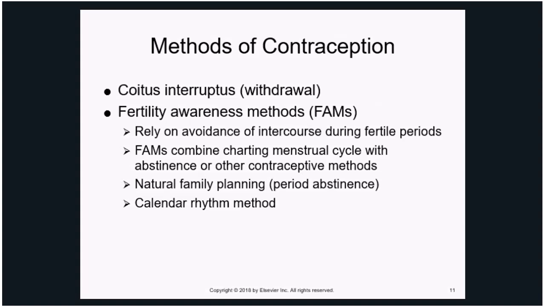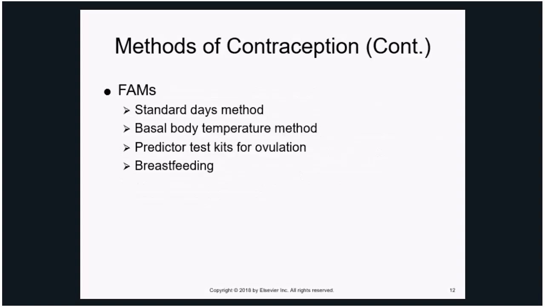Natural family planning is a period of abstinence, or calendar, as well as the calendar rhythm method. There's the standard days method, the basal body temperature method, testing the temperature, and predictor kits available for ovulation, and also the lactational amenorrhea method, the belief of breastfeeding.